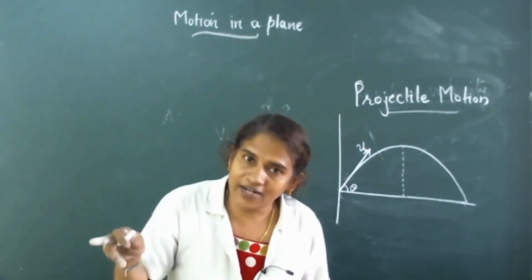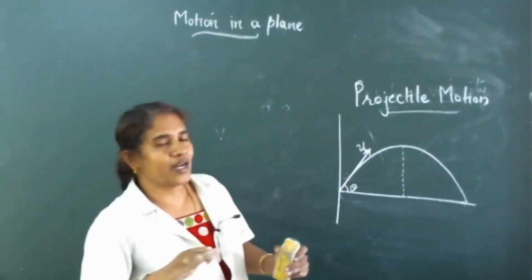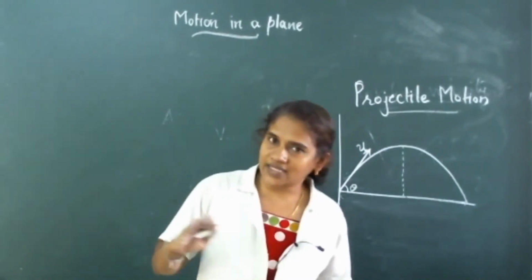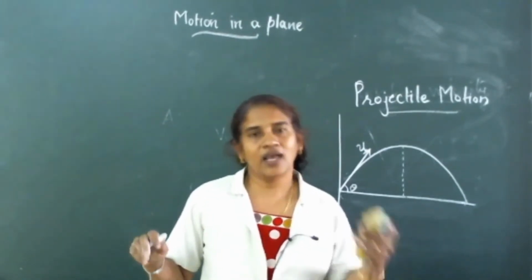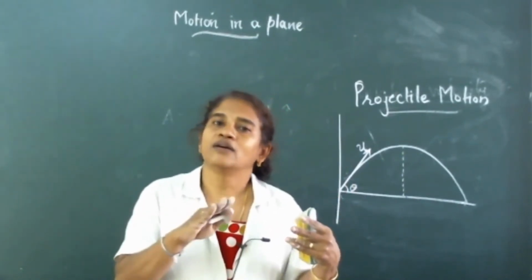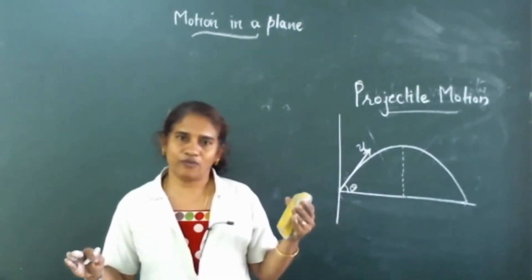So motion in the vertical direction will be non-uniform, but motion in the horizontal direction will be uniform: in the x direction it is uniform motion, in the y direction it is non-uniform motion.